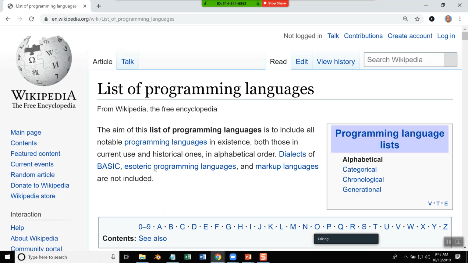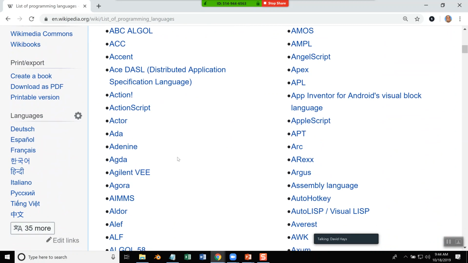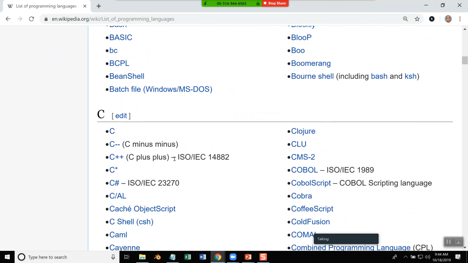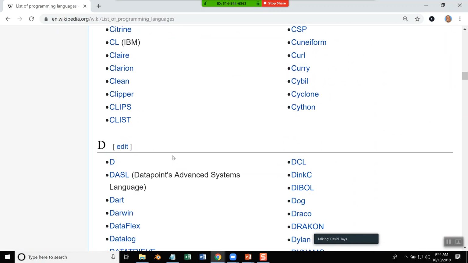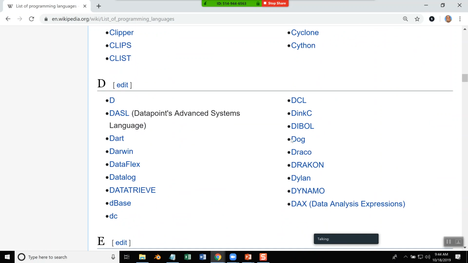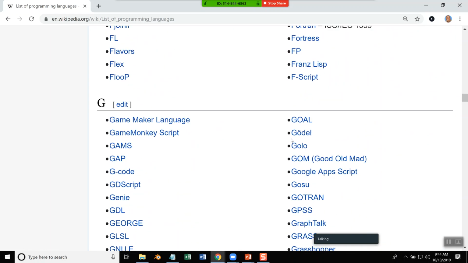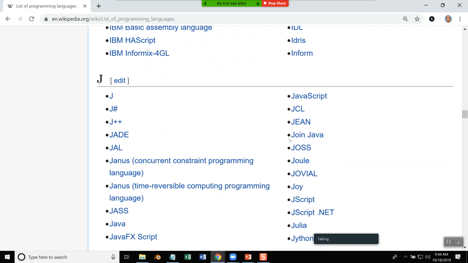Wikipedia kind of shocked me yesterday, but here's all the programming languages. Well, this isn't all of them. This is just what they have in the list. Python. No way you could learn all of them, can you? So a ton of them out there.